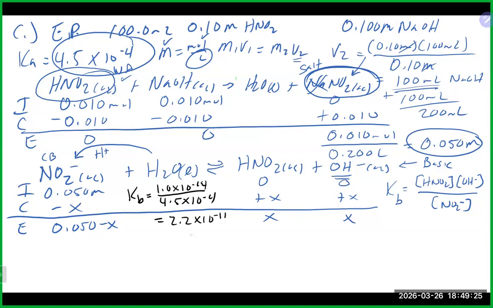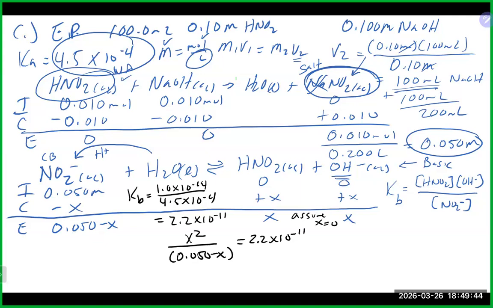Now putting into our expression here, we're going to end up with x squared divided by 0.05 minus x is going to equal 2.2 times 10 to the minus 11. We could assume x is equal to 0 in this case.